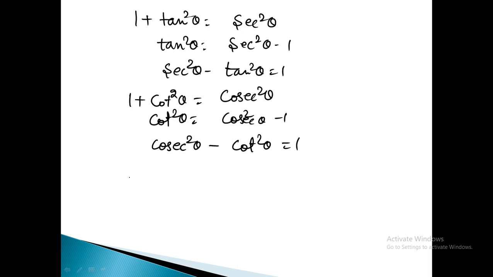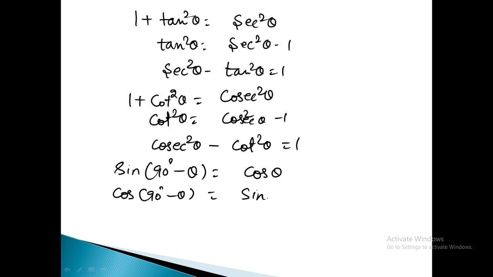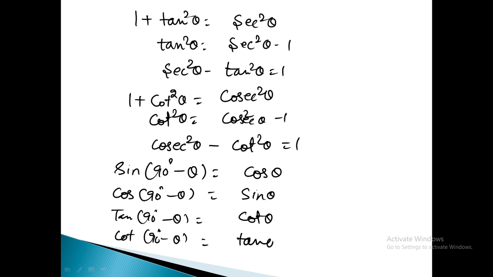And other identities are, for example, sin of 90 degree minus theta, that is equal to cos theta. Cos of 90 degree minus theta is equal to sin theta. And tan of 90 degree minus theta is equal to cot theta. And cot of 90 degree minus theta is equal to tan theta.